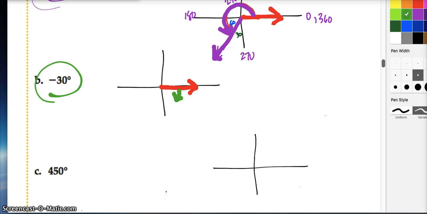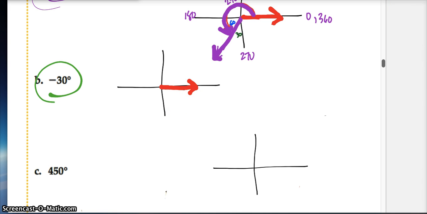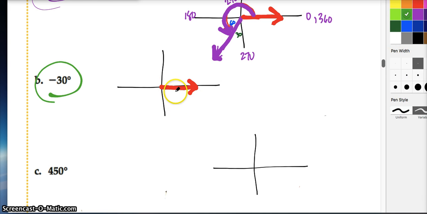So this angle is going to open down this way, and it's going to be 30 degrees away from the x-axis over here. So in writing this negative 30-degree angle, you would literally draw an arrow showing that we're winding up in the opposite direction. We're opening up in the opposite direction than in the positive first quadrant. We're in the fourth quadrant.